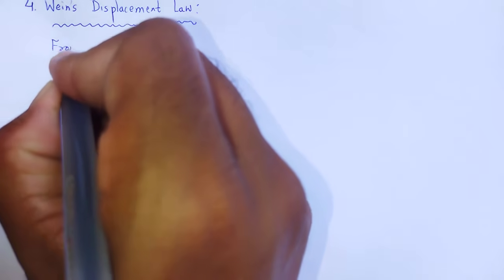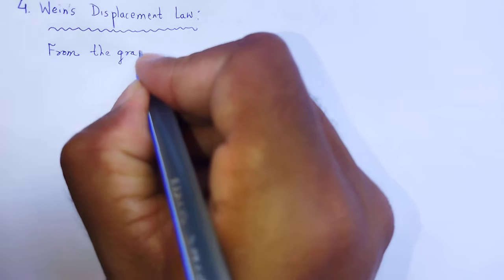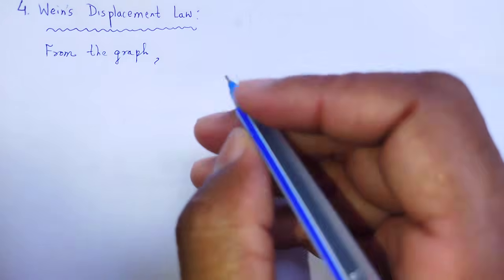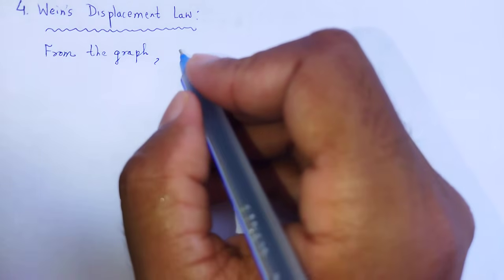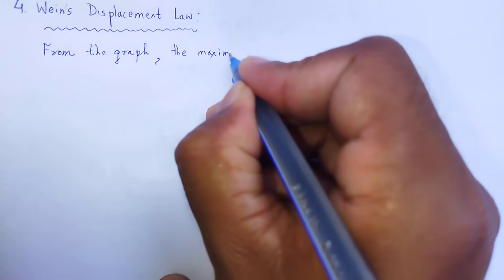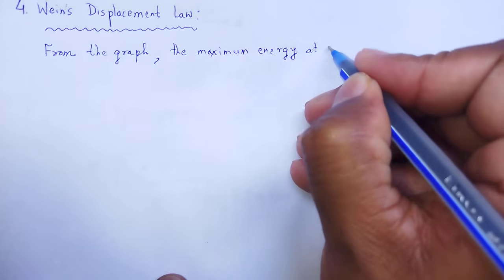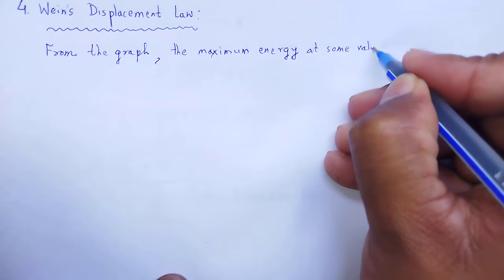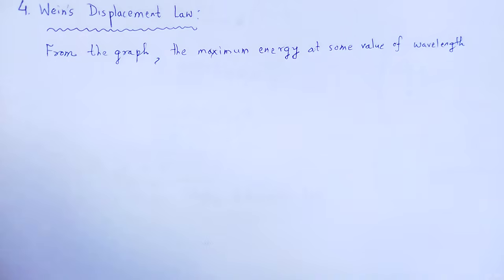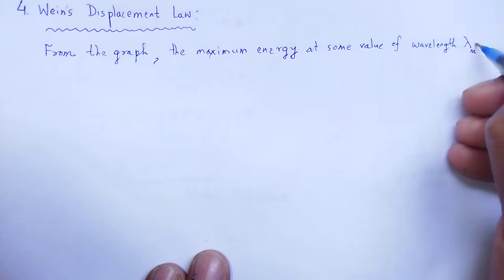From the graph, when we plotted the graph by taking Wien's displacement law, the maximum energy is at some value of wavelength, lambda m, the maximum wavelength.